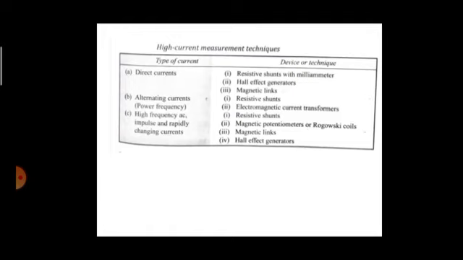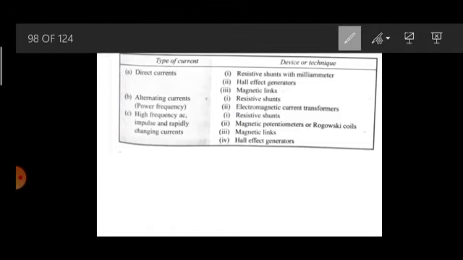Then to measure direct currents, we can use resistive shunts with a milliammeter. We can go for Hall effect generators or magnetic links. Similarly, for AC with power frequency and high frequency AC currents. In the last slide I told you about AC voltage measurement; this is current.